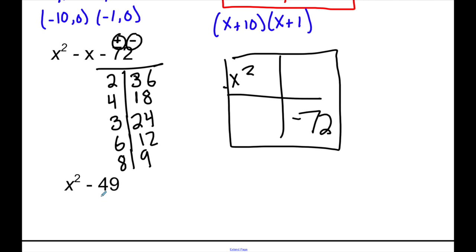Here's a fun fact. Whenever you're searching for factors, numbers that go in, start with your number and take its square root. The square root of 72 is less than 9 because 9 squared is 81, and it's greater than 8 because 8 squared is 64. Let's say it's about 8.5. I don't know exactly.